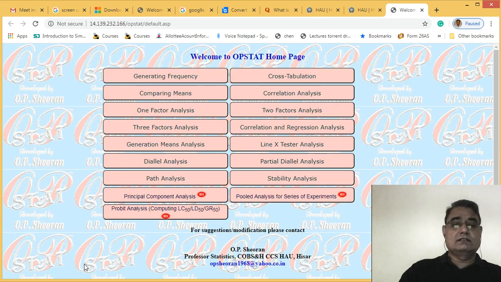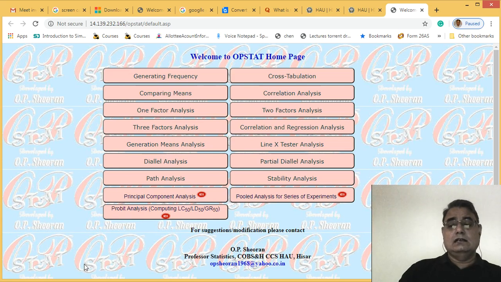In generating frequency, this module is used to create frequency tables from the data which is collected through some sample survey, and various responses are there, and you can create the frequency table of qualitative data.